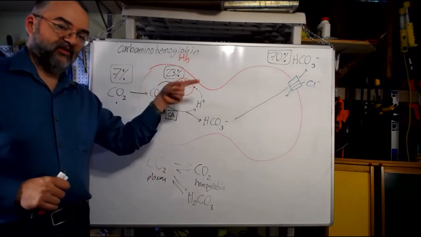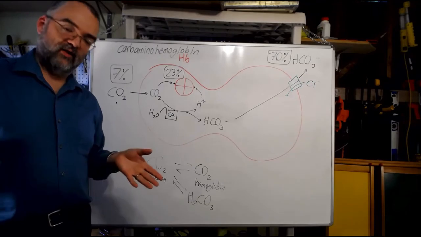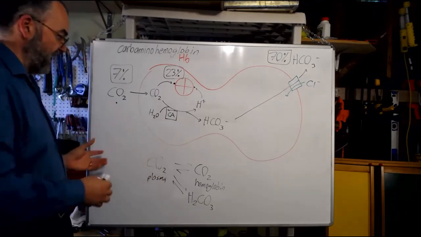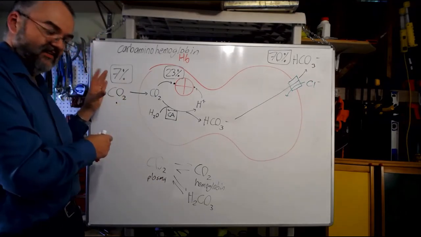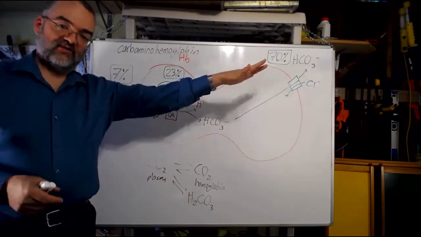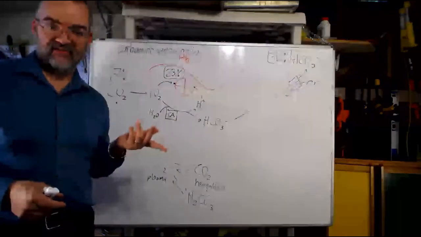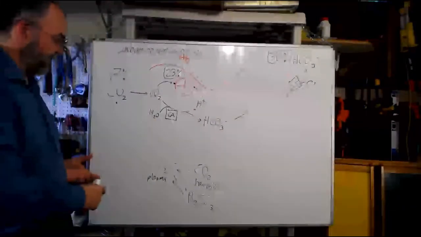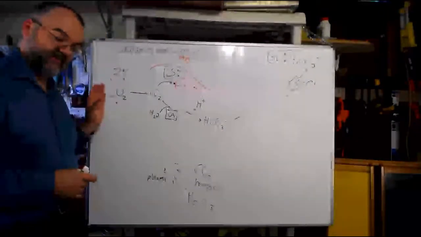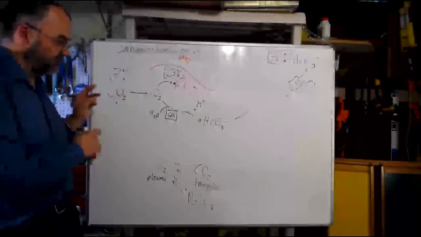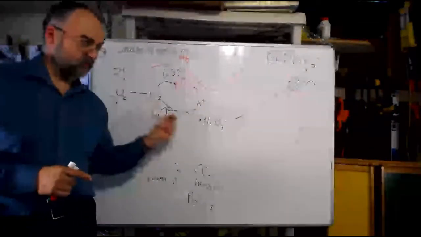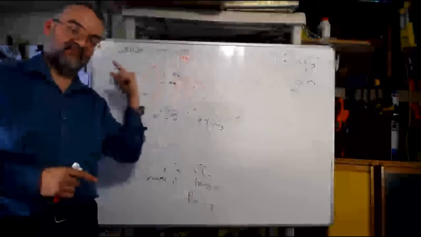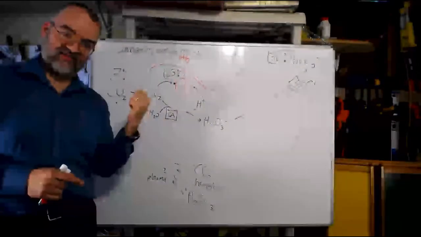this balance follows the rules of equilibrium, what we call the law of mass action, where if you add a bunch of stuff to one state, it tends to push things into the other states until you get back to that balance. So that means that if, for example, I add CO2 to the blood, some of that CO2 tends to come in here and stick to the hemoglobin and turn into bicarbonate until I get back to the 7-23-70 balance.